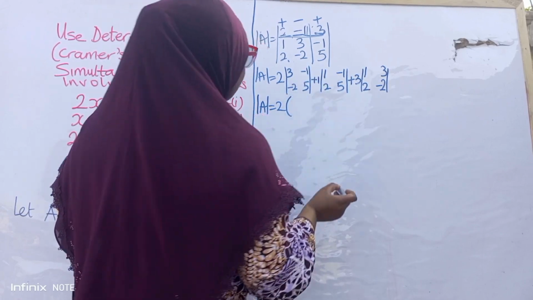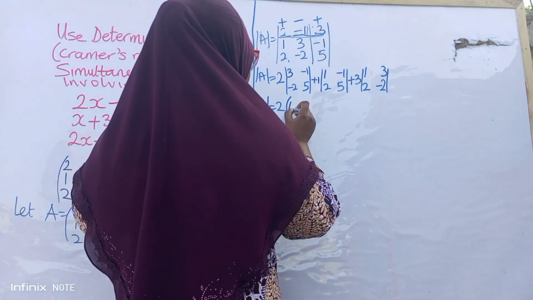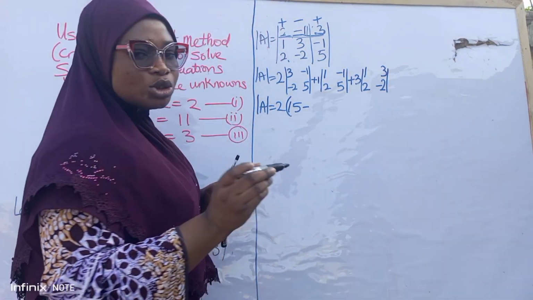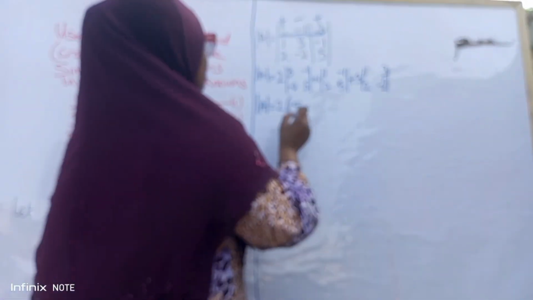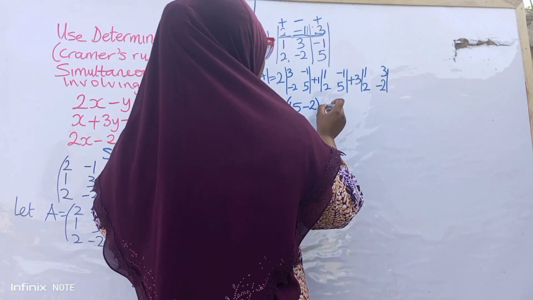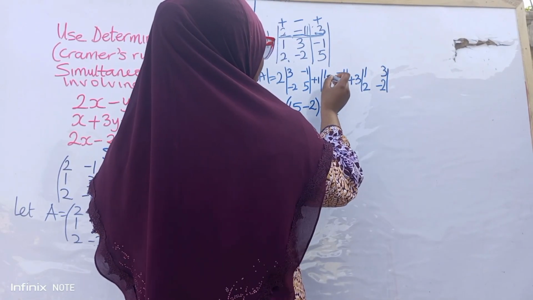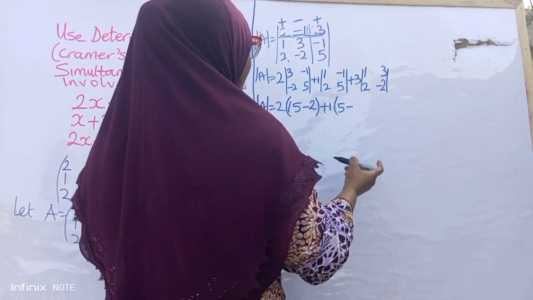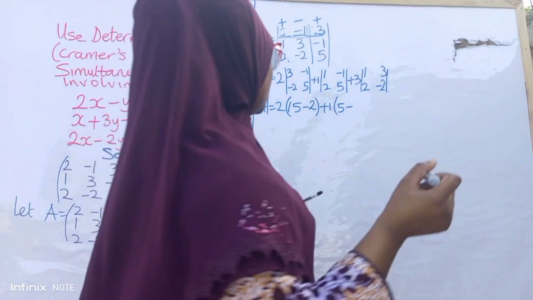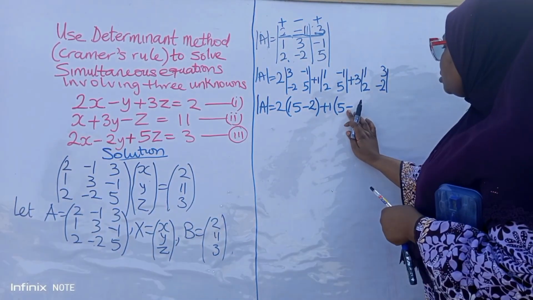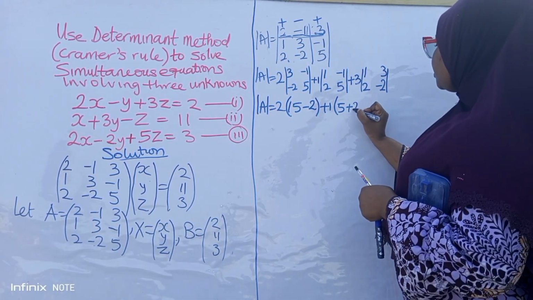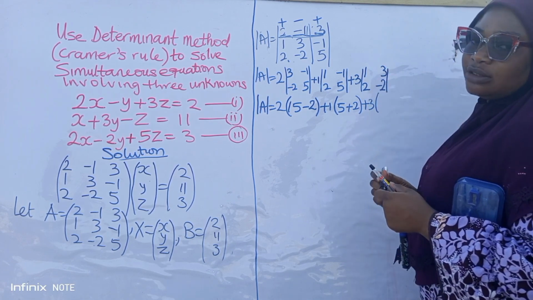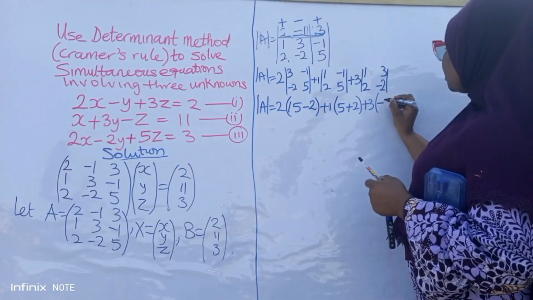So 3 multiplied by 5, that is 15, minus 2 multiplied by minus 1 is plus 2. So now minus 2. So plus 1 multiplied by 5, 5, minus 2 multiplied by minus 1, that is minus 2. So minus multiplied by this minus gives plus 2. So plus 3. 1 multiplied by minus 2 gives minus 2.